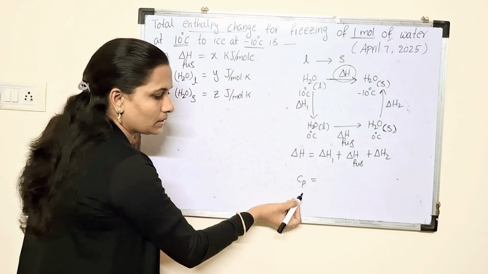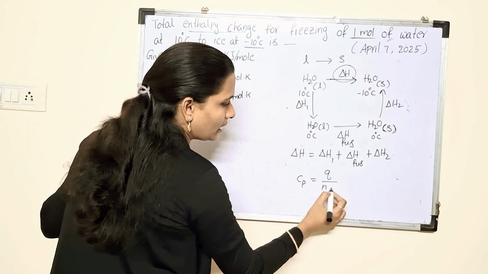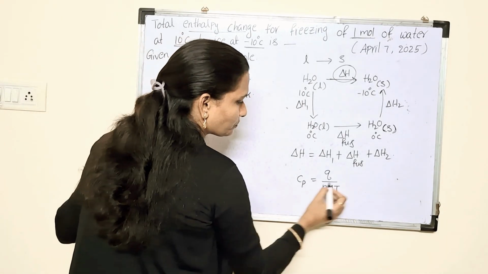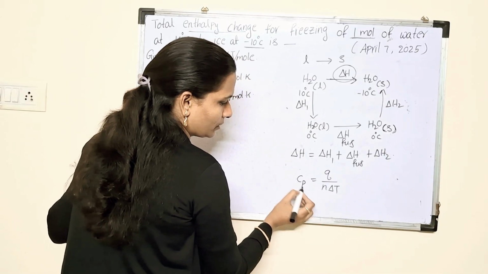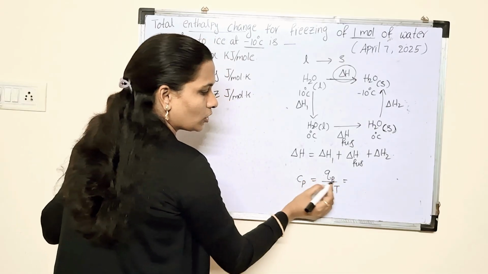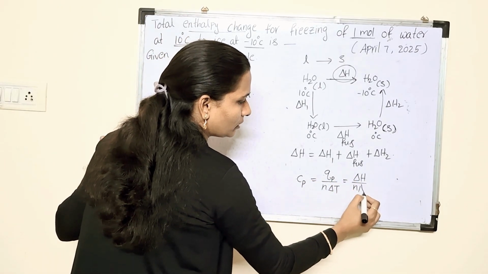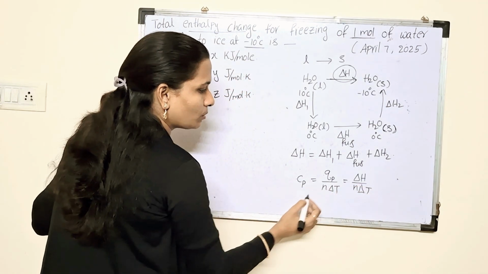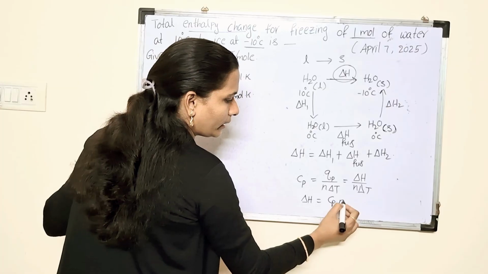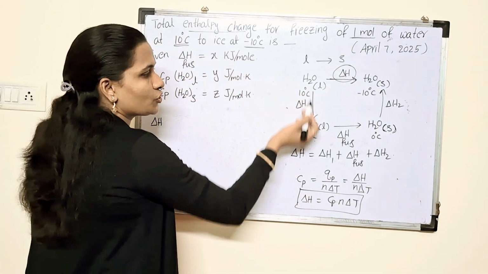Cp means heat capacity at constant pressure, and the formula is Q by n delta T. Heat at constant pressure, Qp, is delta H, so Cp equals delta H by n delta T. Then delta H equals Cp into n delta T. This is the formula when temperature is changed.